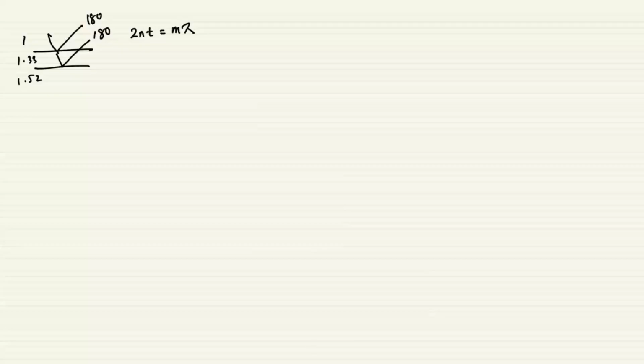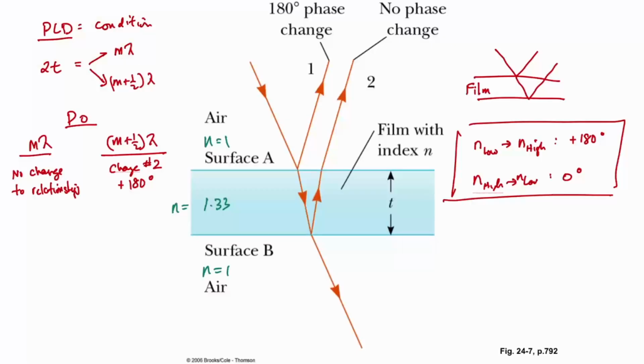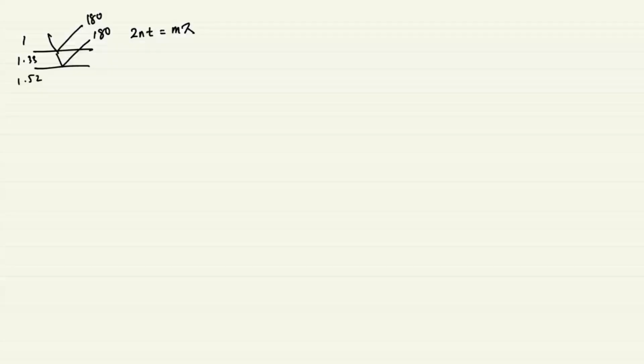This equation right here, with the m lambda in it, what does it do? No change, right? This says don't change the relationship. I'll even write it down. No change. And so if there is no change in the relationship between those two waves, what are they doing?